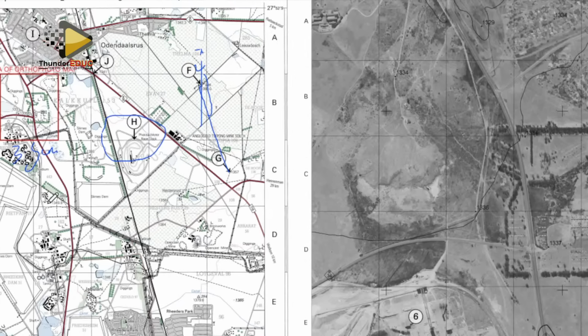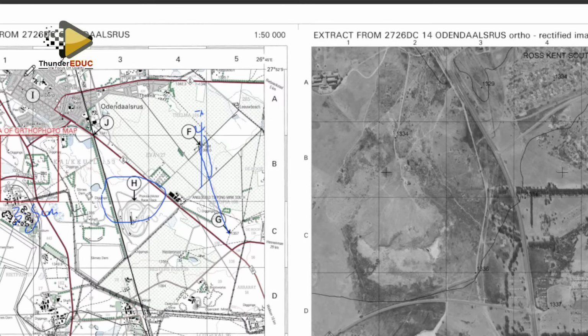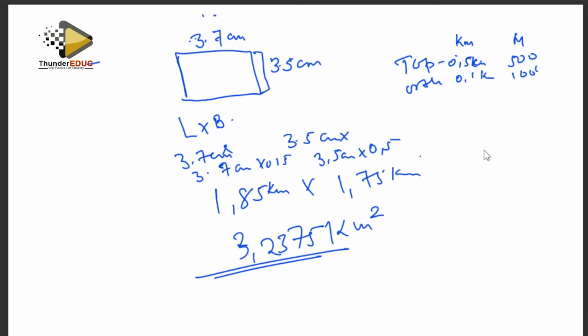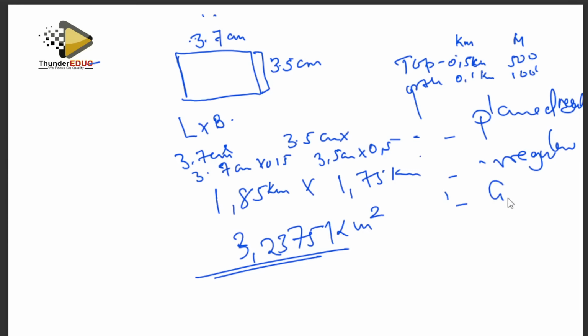Here is the map. Where is I? I is here. What do you see here? You see that it looks like blocks. If you remember very well, when you're looking at street pattern, we said we have planned, we have irregular, planned irregular street pattern, we have the grid. Okay.